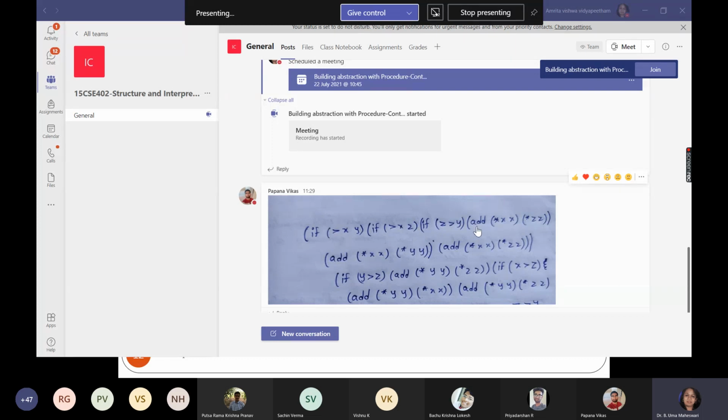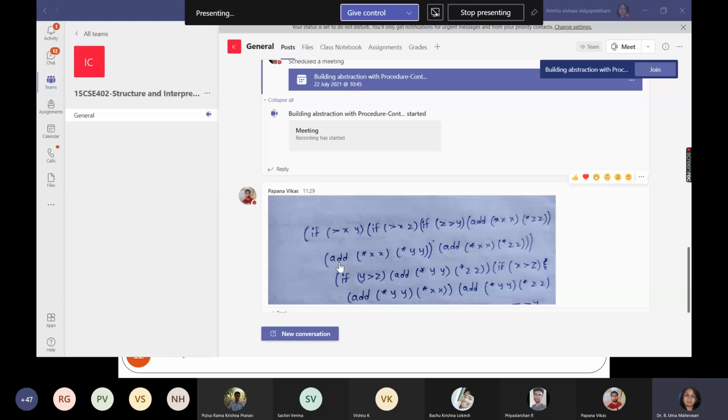I think it's a little complex. If you are writing from the primitive, go to the higher level. You want to explain? Yeah, ma'am. Here, if x is greater than y and x is greater than z, then x is the highest one. And among y and z, we have to check which one is greater. If z is greater, then the squares of x and z will be added and returned. If y is greater, then x and y will be returned.